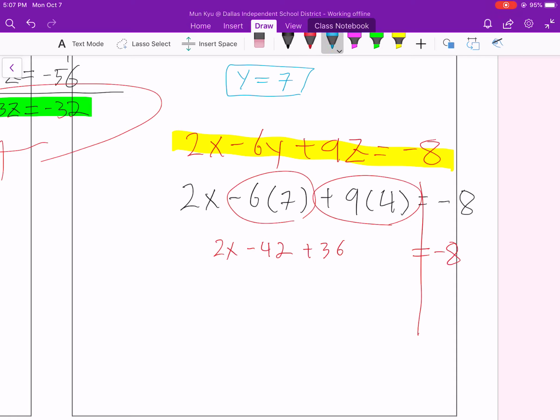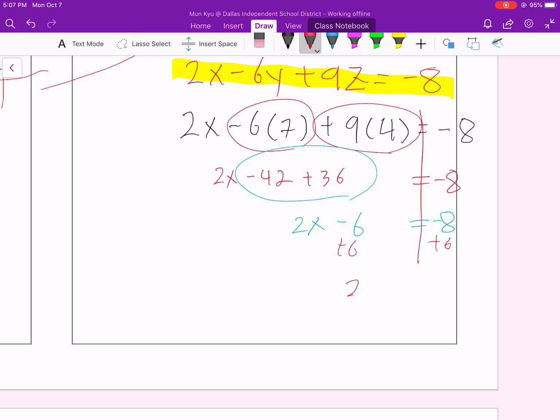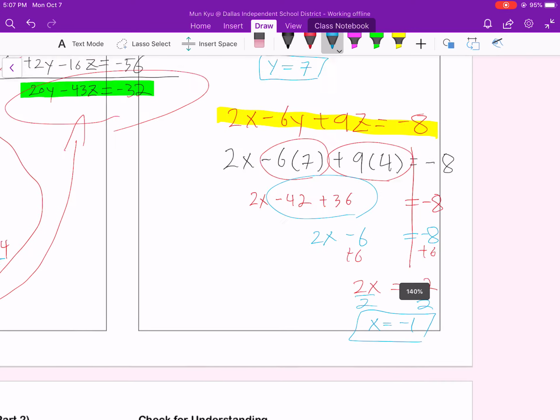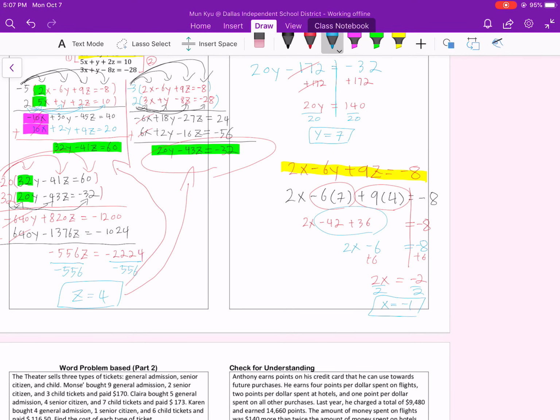Easy like this. Plus 6 on both sides, 2x is equal to negative 2. And if you divide by 2 on both sides, now you have x equals negative 1. So here we solved for x, y, and z, and the answer is negative 1, 7, 4.